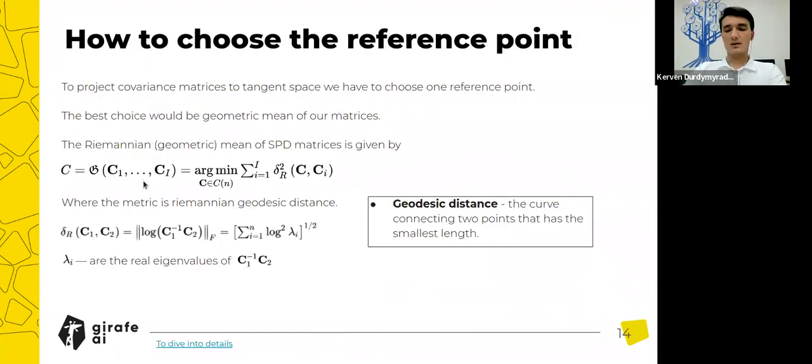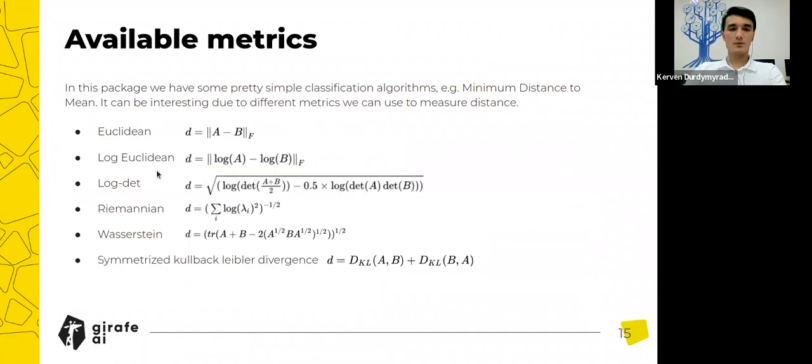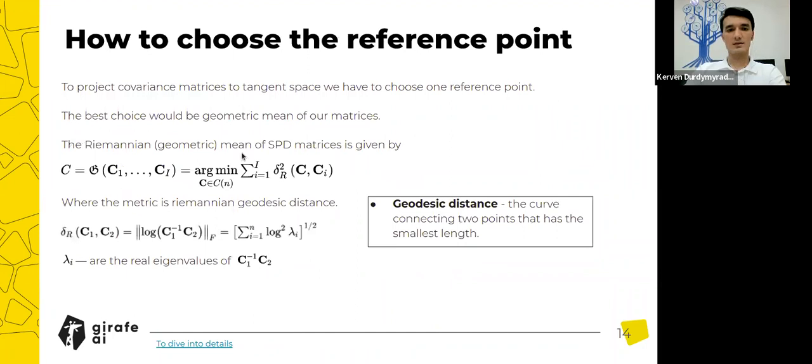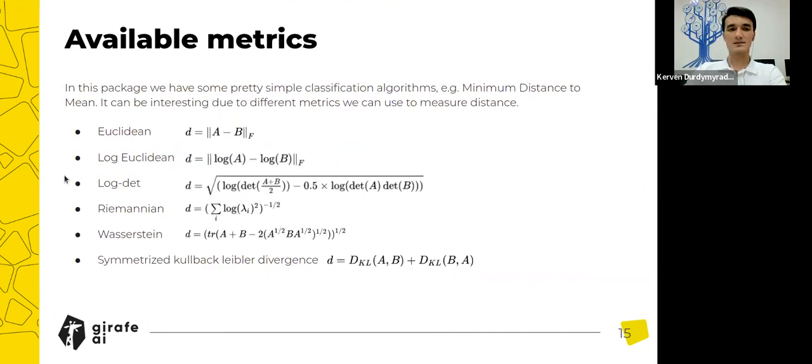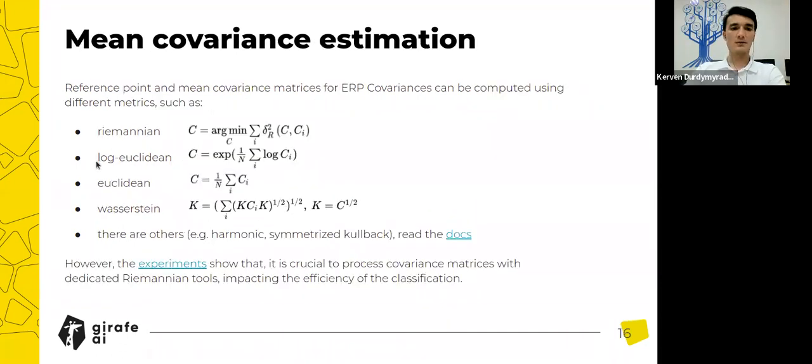Actually, there are other distances, not just the geodesic distance, I mean, not just the Riemannian distance. We have a lot of distances like Euclidean distance, log-determinant distance, Wasserstein distance, and with these distances we can find reference points with these formulas.